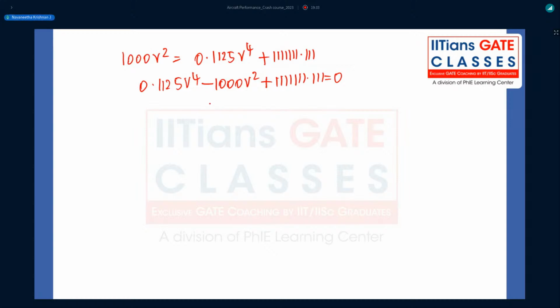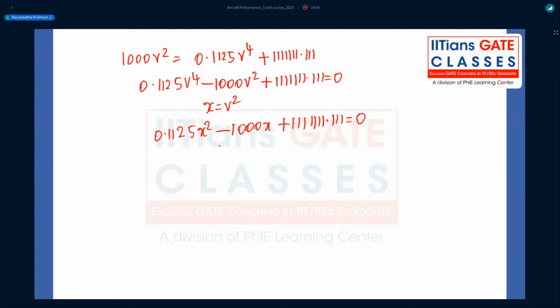So if I take x equal to V square, this equation will become 0.1125 x square minus 1000 x plus 1111.111 equal to 0.